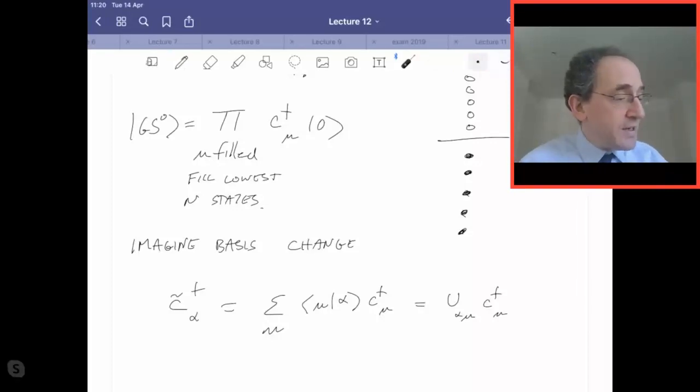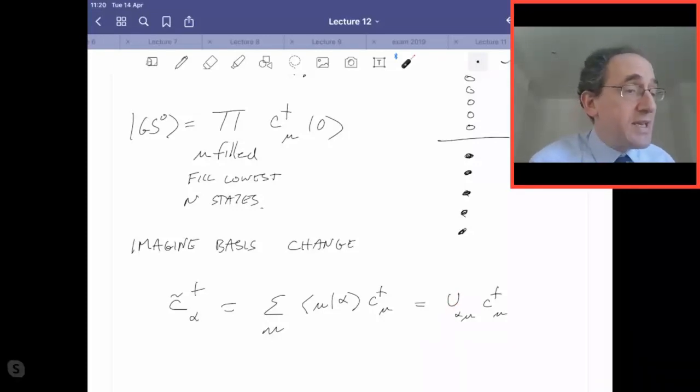So we want to consider all possible unitary matrices here and show that if we vary the basis at all by any non-trivial unitary matrix, I'm going to increase the energy, or I'm at an energy extrema.